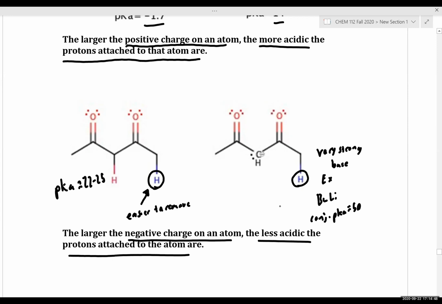So in general, for cationic species, the protons attached to that cationic atom are more acidic. For anionic species, it is substantially more difficult to remove a proton, and as a result, their pKa values are larger than you'd expect, which means they're less acidic than you'd expect, looking at the neutral version of that compound.